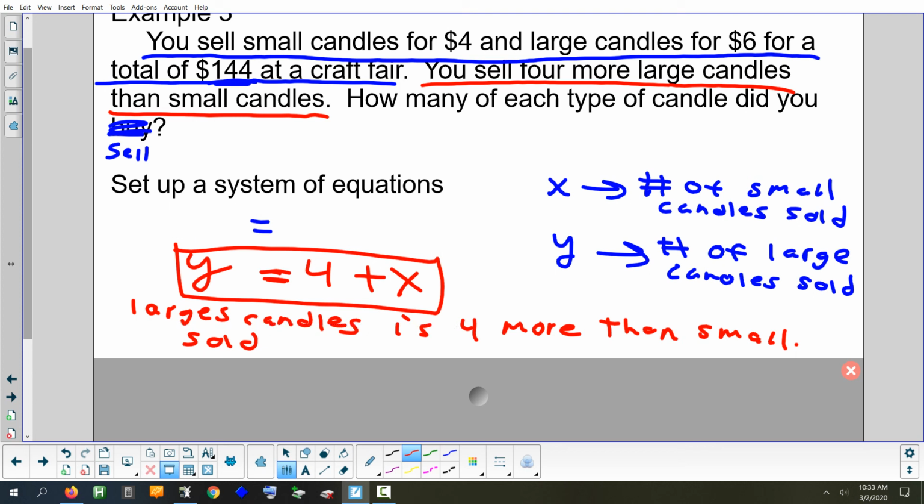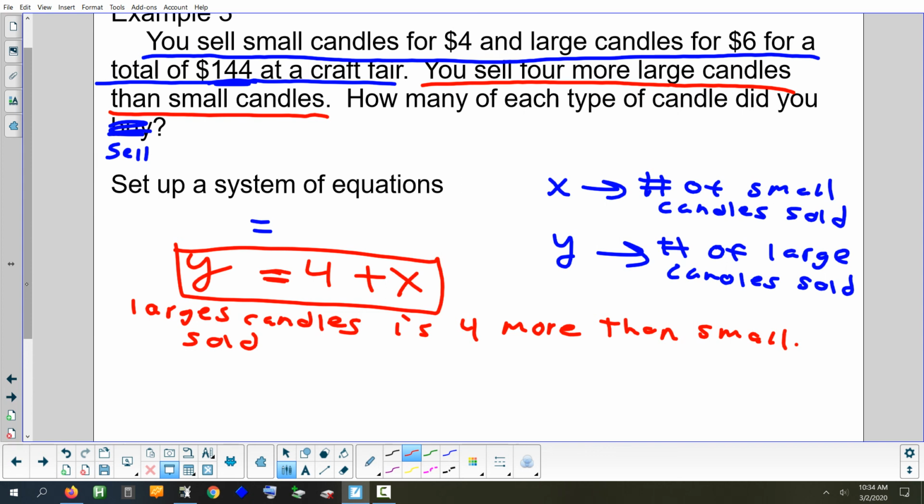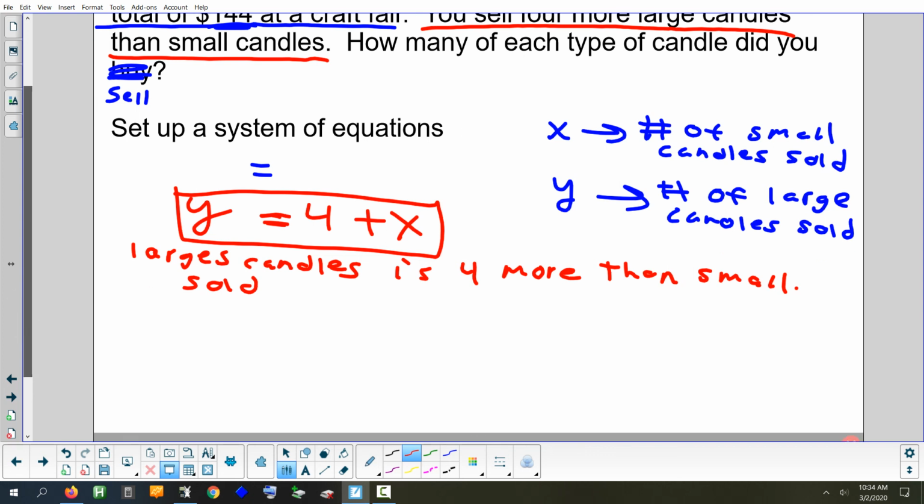Okay, so that's half the problem. If you got that, I give you half credit. Now, what's in blue? We have to write that one. The small candles are $4 and the large candles are $6. And you make a total of $144. So how many different things are you selling at this craft fair?